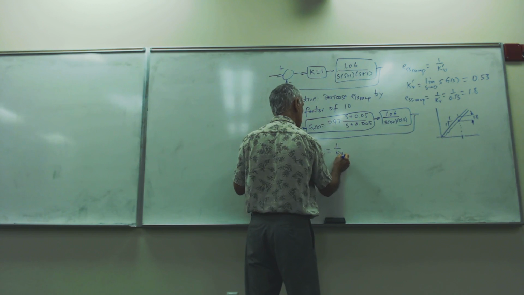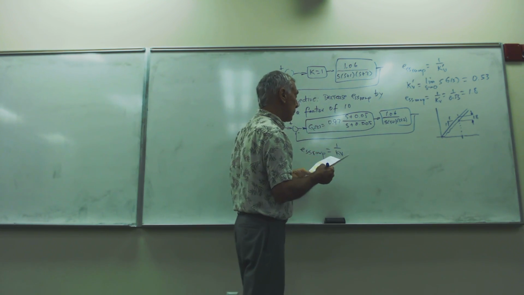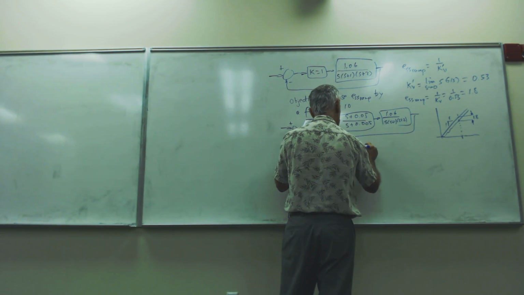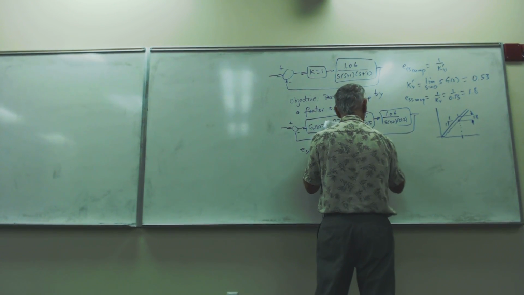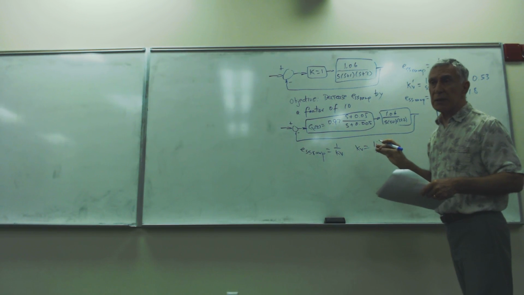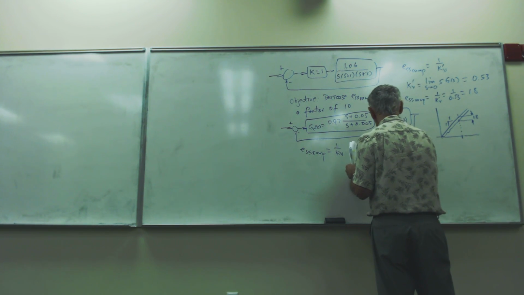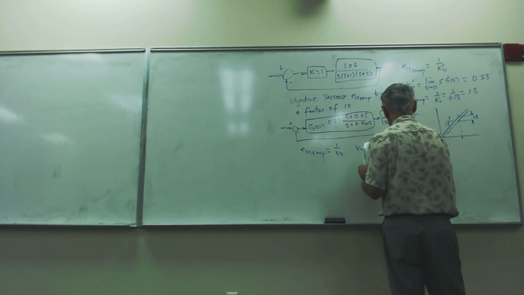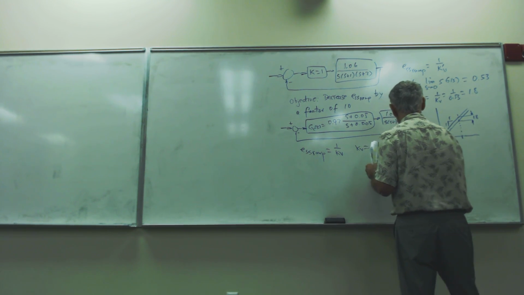Now this time we're calling it Kv instead of Kv prime. The Kv, you recall, is just going to be equal to the limit as s goes to 0. We have to now include the Gc along with the G, so it's actually s times Gc G, just like up here we had s times G.